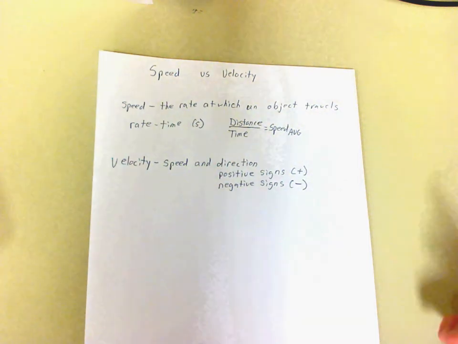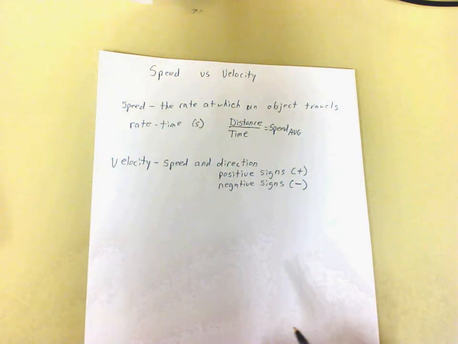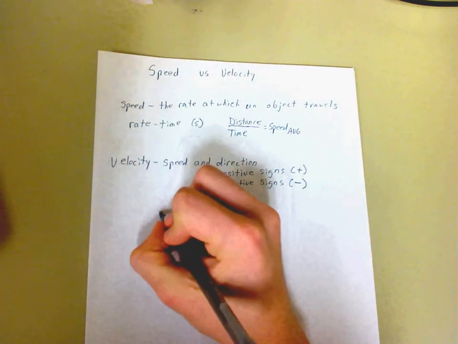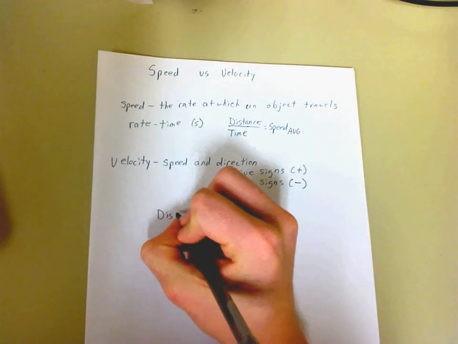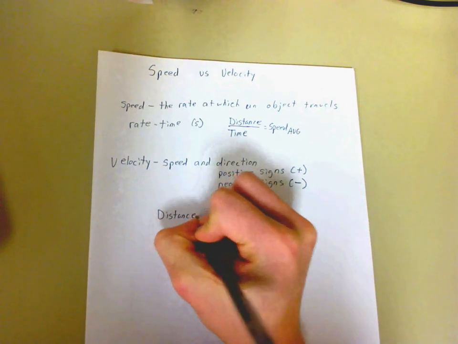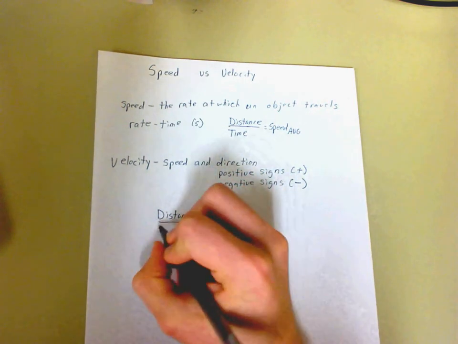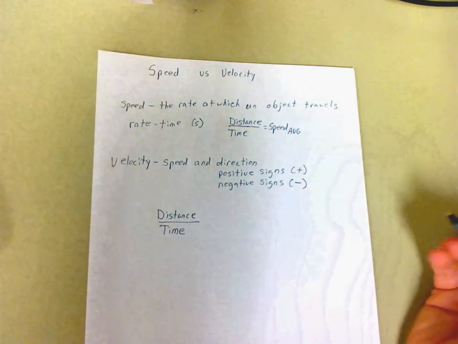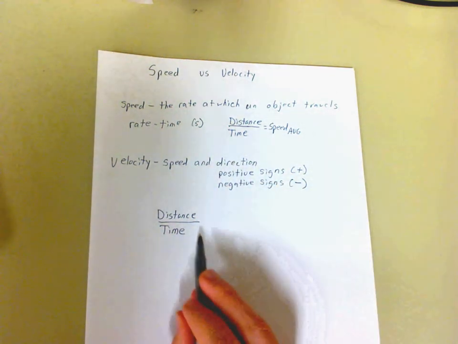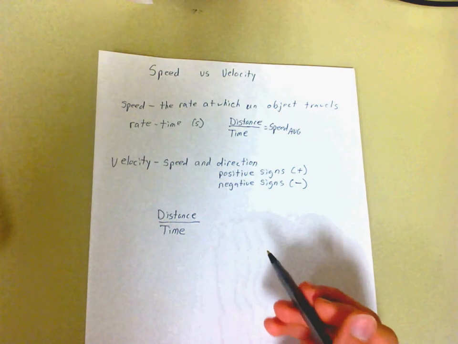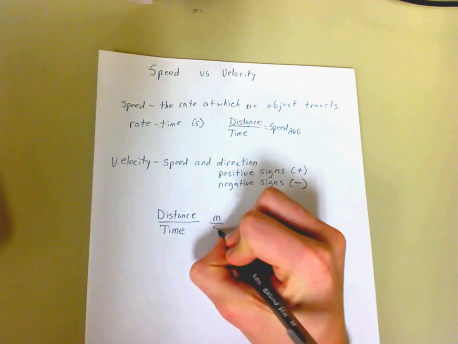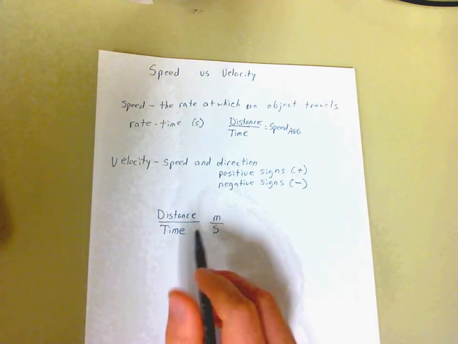So you're looking at your total time, you're looking at the total distance that you went, and so you'll have your distance divided by your time once again. And one thing you want to remember is that whenever you have distance and time, typically for our purposes, it will be in meters per second. This is our unit for distance and time.